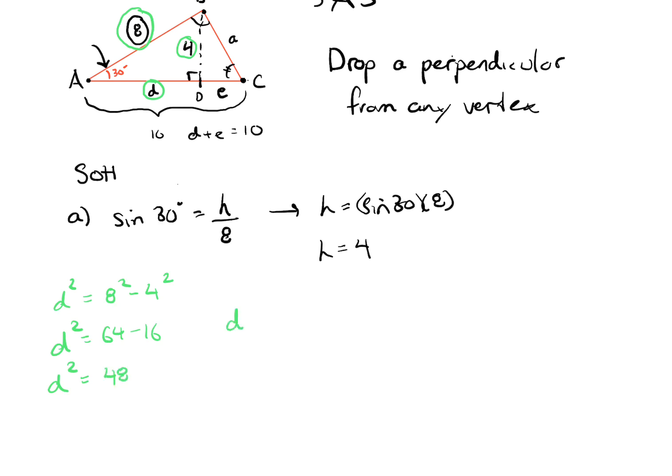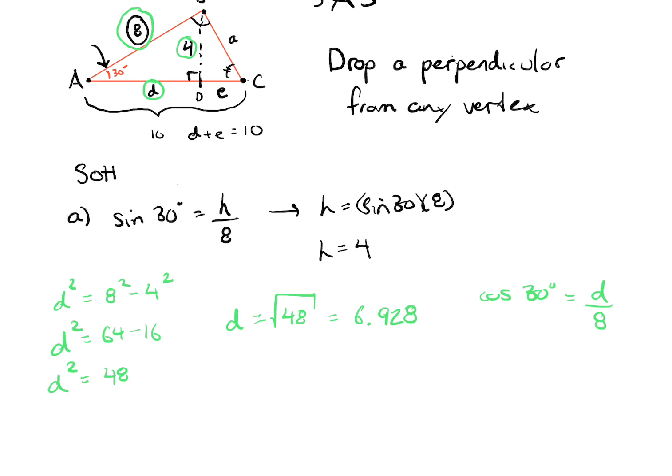So D is equal to the square root of 48, which we can simplify down to 6.928. And you'll see I left 3 decimal points. You could also have done that using cosine. You could have gone cos of 30 degrees is equal to adjacent D over 8 and solved as well. You would have got the same answer, so either way is fine.